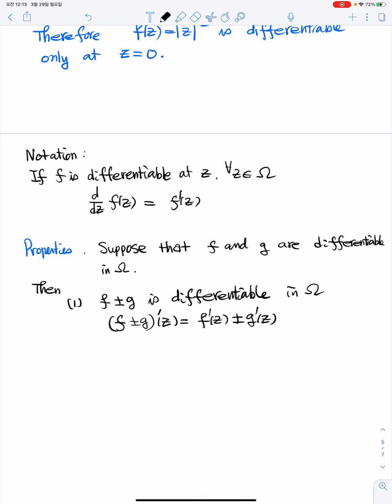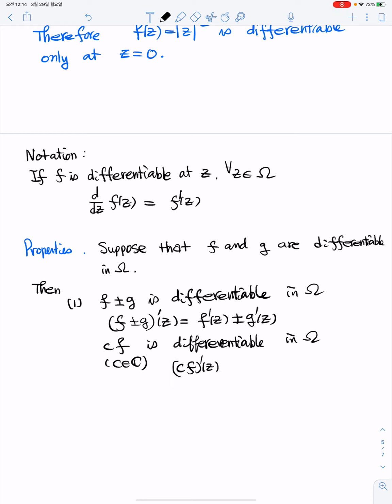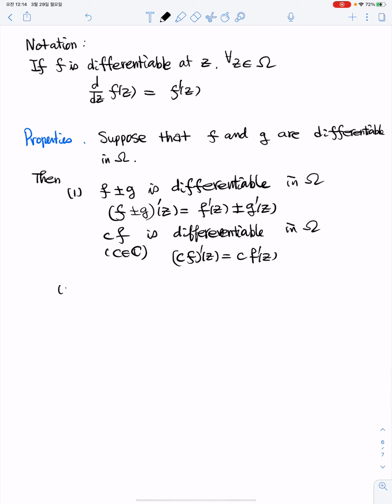Also, c times f is differentiable, where c is any complex constant, and the derivative of c f at z equals c times f prime z. This is the first property.